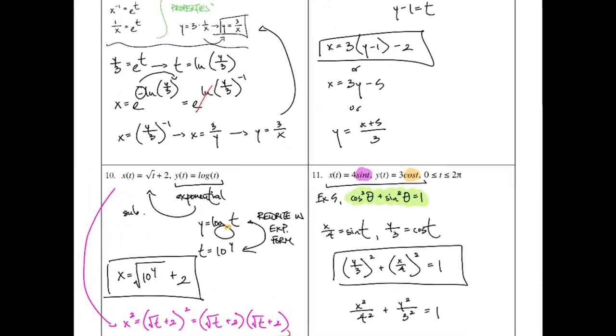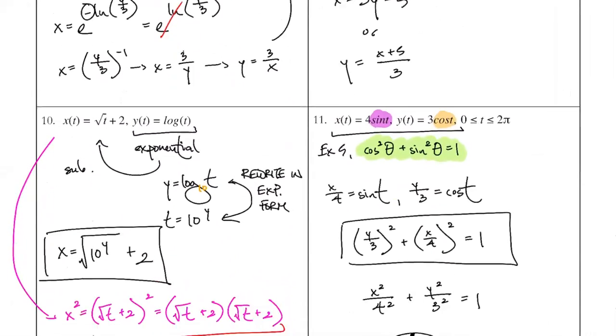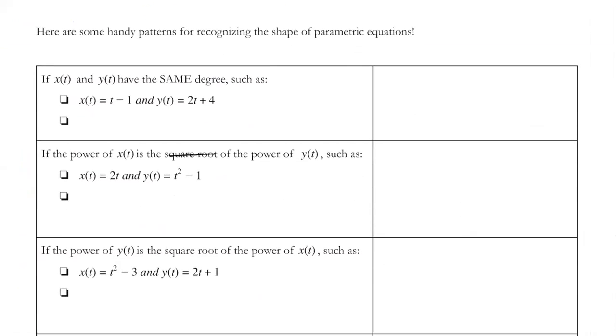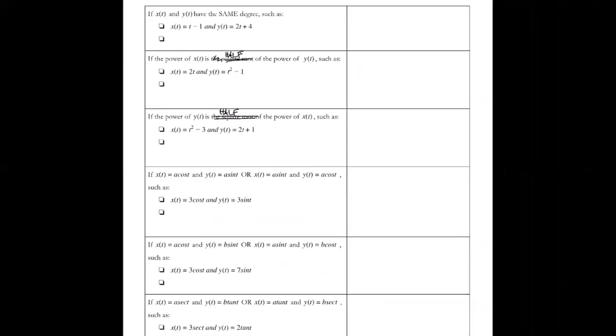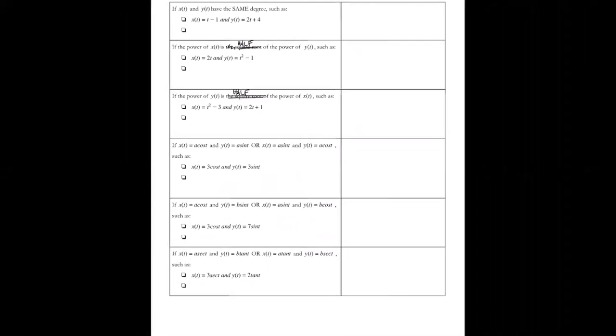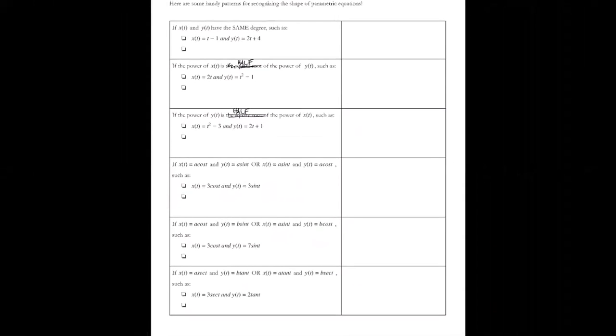The last thing I want to show you, and you're welcome to look at this on your own time, I actually need to make a correction here. I made a little chart that I typically share with my Calc 2 students, because sometimes folks don't get parametric equations in pre-calc.